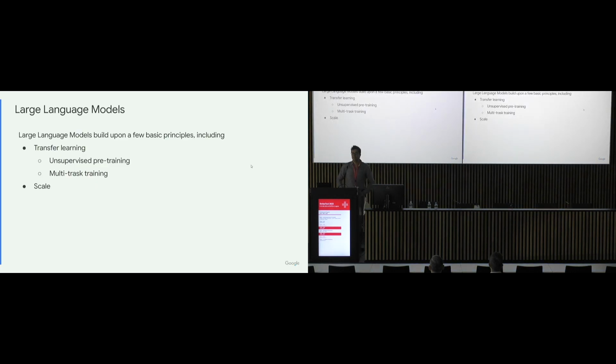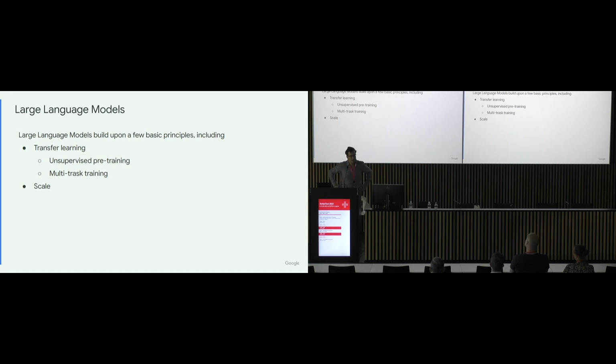I guess many of you know about large language models today, but I'll give a quick introduction for the ones who don't. Large language models are based on a few very simple principles. One is transfer learning: maybe we can do unsupervised pre-training with very, very cheap ways of collecting training data. Then the hope is that this will inject some knowledge into the language models that will be helpful for downstream tasks.